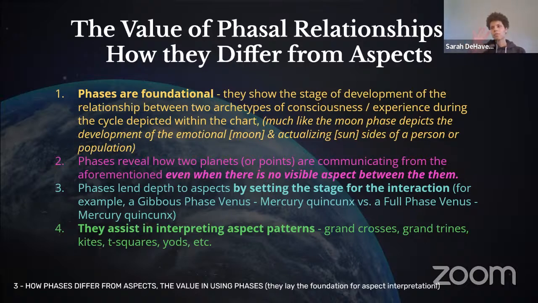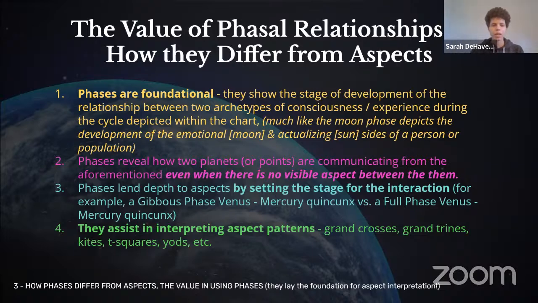It's because the full light of the sun is being reflected by the moon. If we take two planets in full phase, we can see similar dynamics, but from the perspective of the archetypes that are in relation to each other, which we'll get deeper into as we progress through today's class.